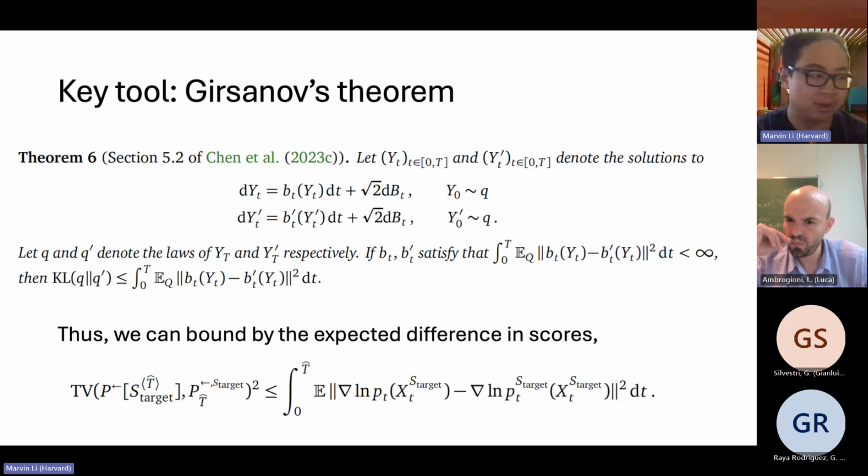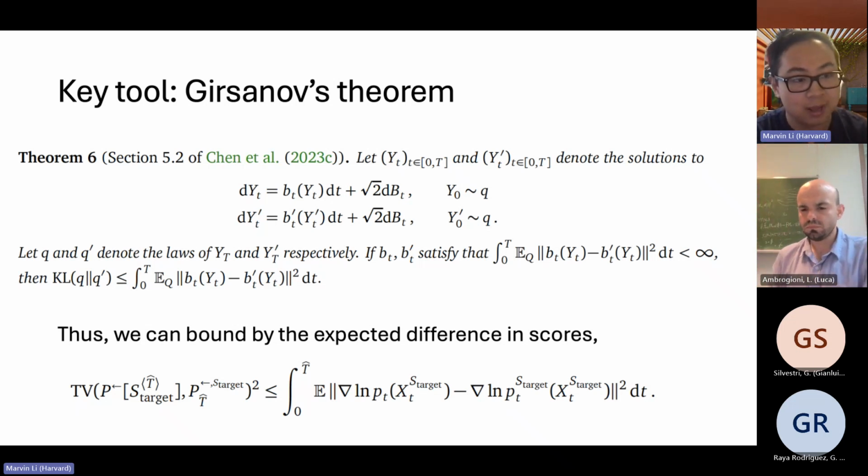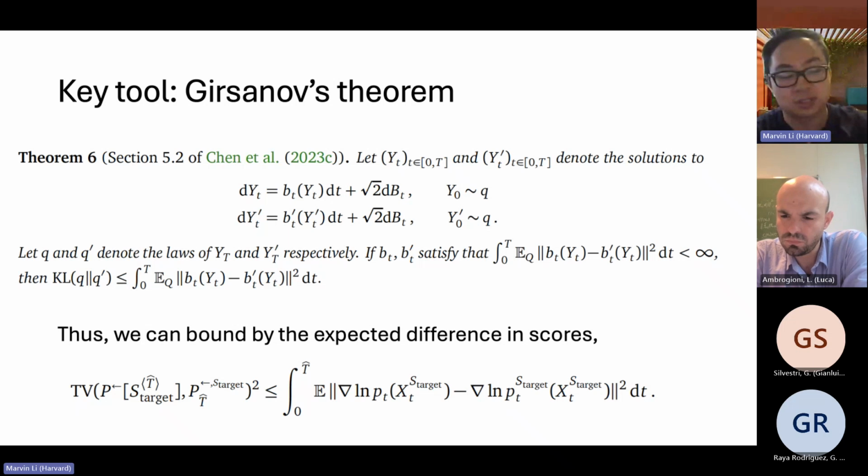They did deal with the case where the data lied on some submanifold. So the general argument would go like this: you consider the case where you just have a small amount of noise added to it, right? You would show that these two things are similar when you start with that small amount of noise, and then you would be able to obtain a bound in Wasserstein distance.